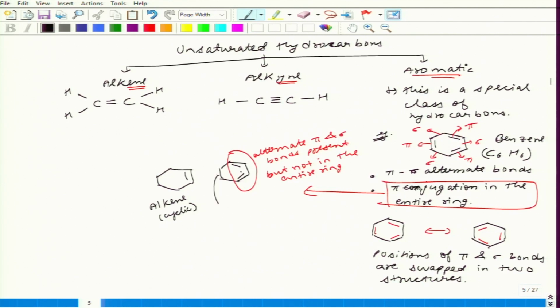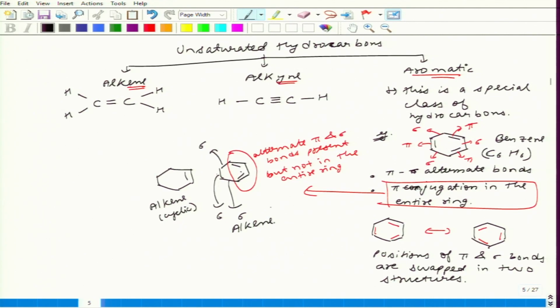See, this is a sigma bond, this is a sigma bond, so there are no alternate pi sigma bonds in the entire ring. Only a portion of the ring contains alternate bonds. So this is not an aromatic compound; these are normal alkenes.